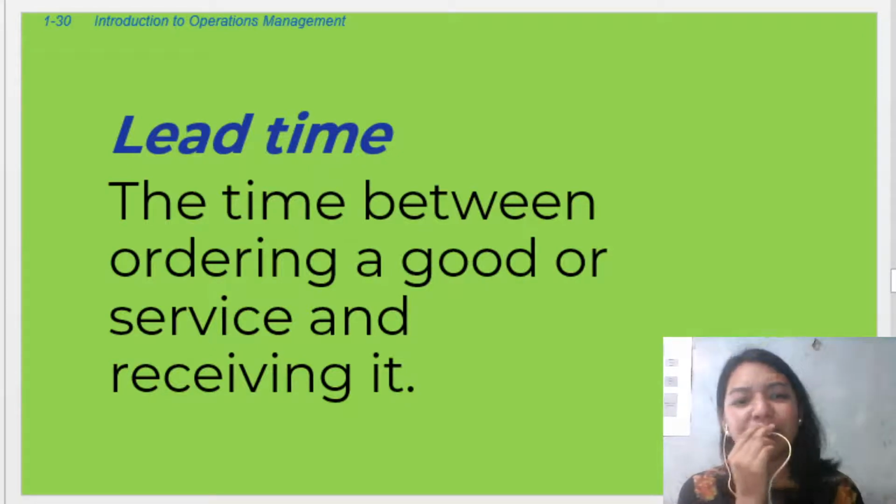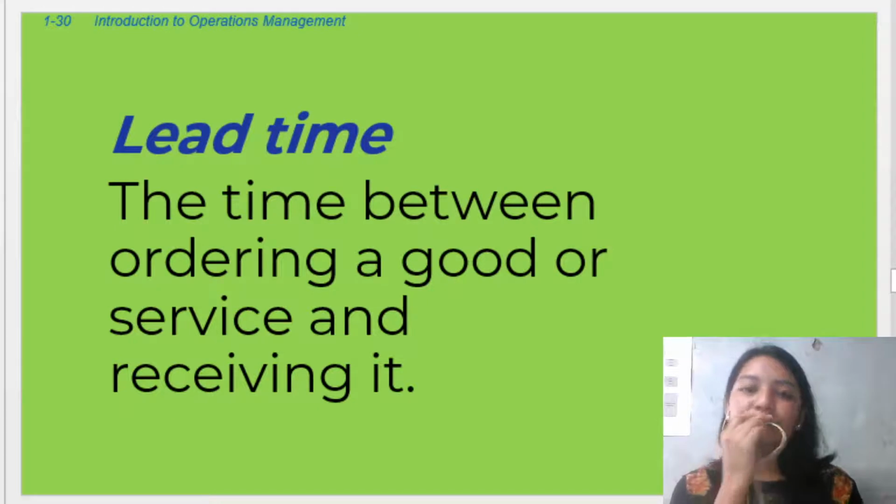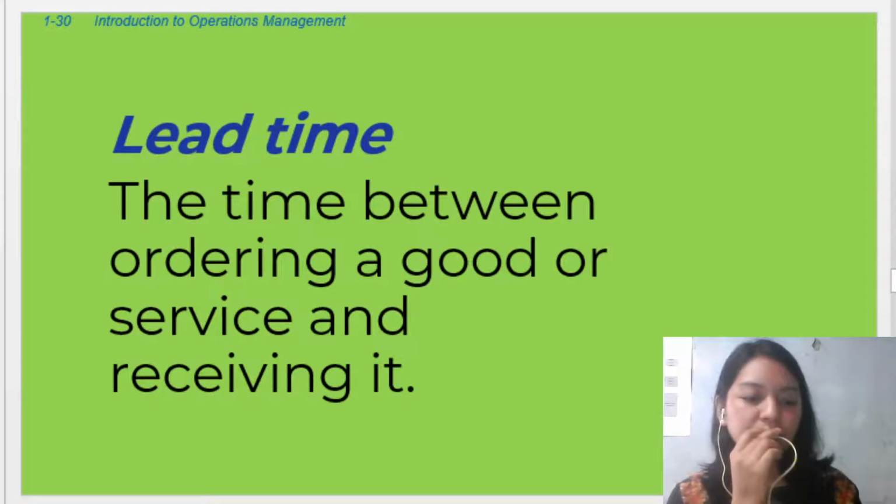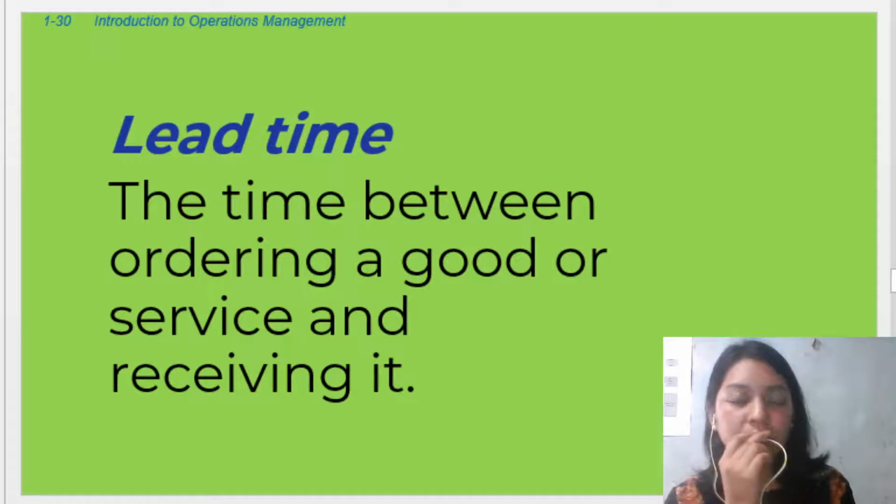One example is when you order products in Lazada or Shopee. The date of your order and the date you receive the product, the time in between, is the lead time.